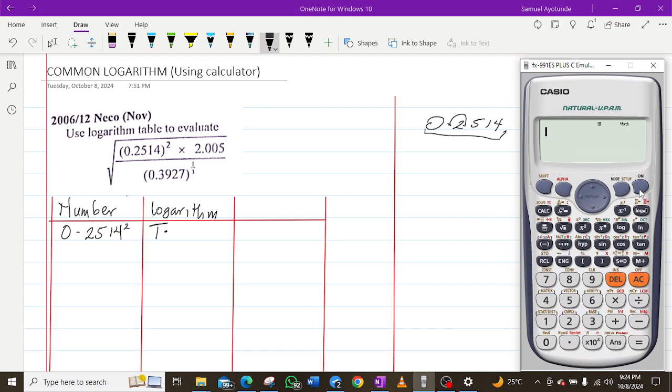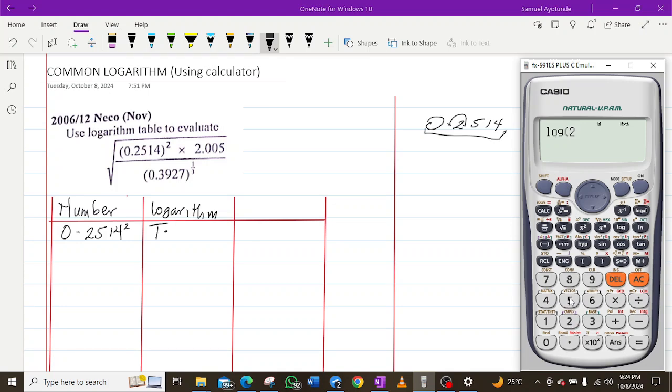So how do we do this? We press log. We only use the decimal part of the figure. So you can just press log 2514.